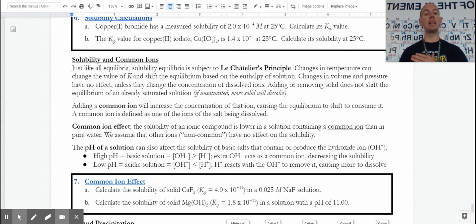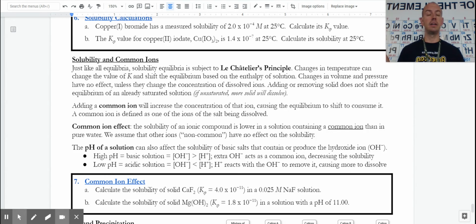That makes more solid, or means that less of the solid can dissolve. So the common ion increases the concentration of that ion, causing the equilibrium to shift left to consume it, meaning that less of the ionic compound will dissolve, giving a lower concentration there.